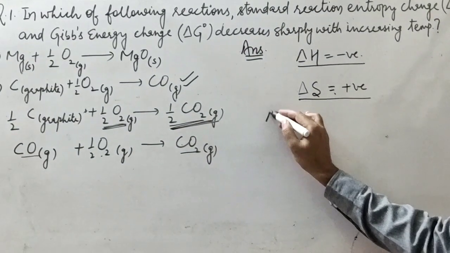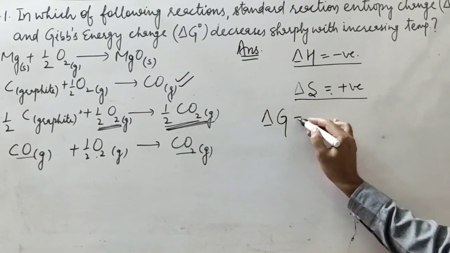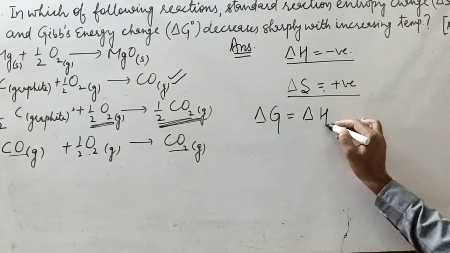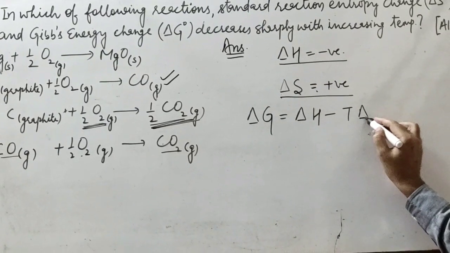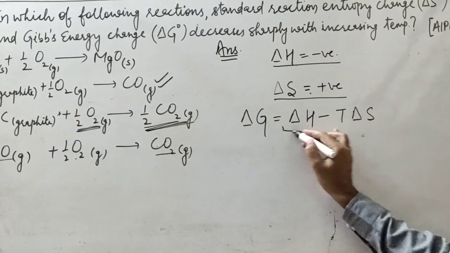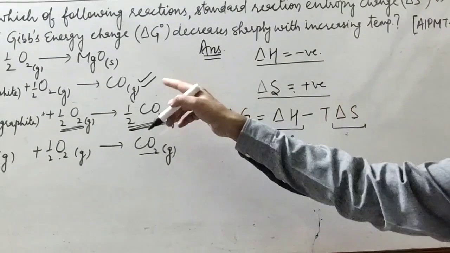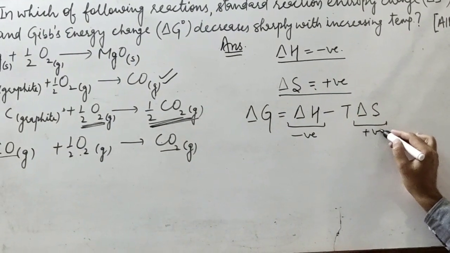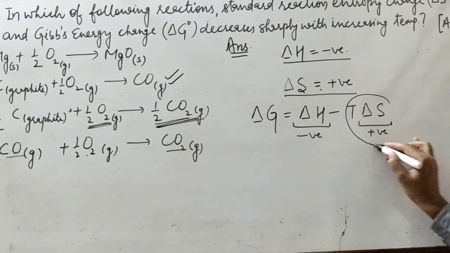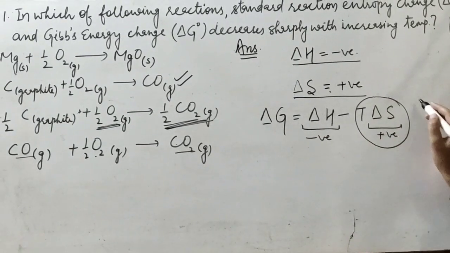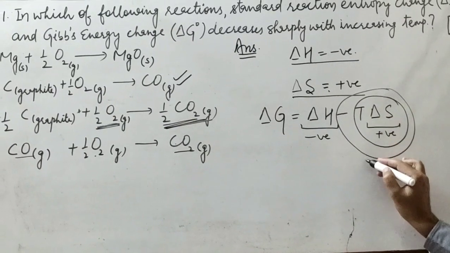Moreover, delta G decreases sharply with increasing temperature. We know delta G is equal to delta H minus T delta S. Delta H is negative. Delta S for the second reaction is positive. If delta S is positive, T delta S is also positive and minus T delta S is negative.